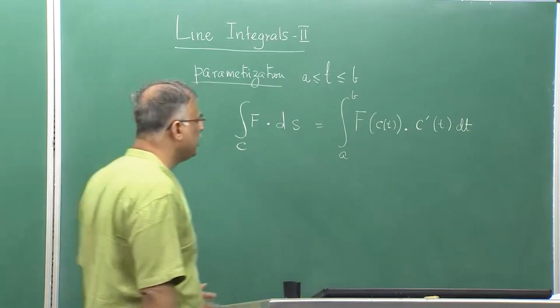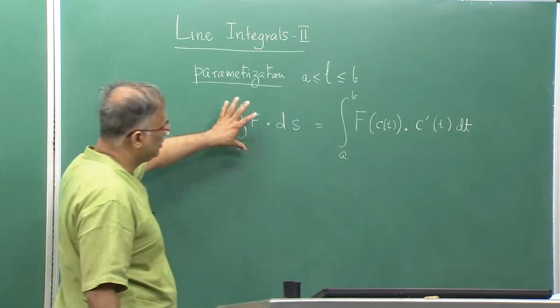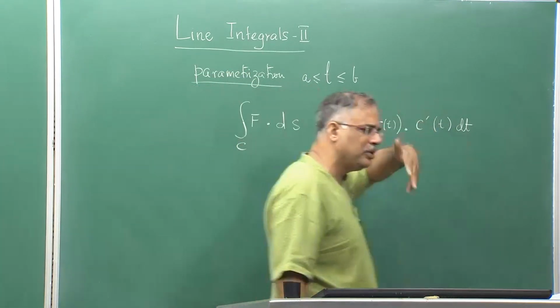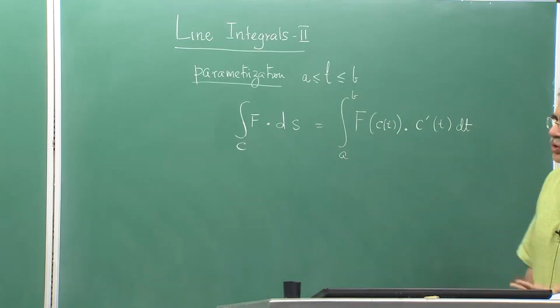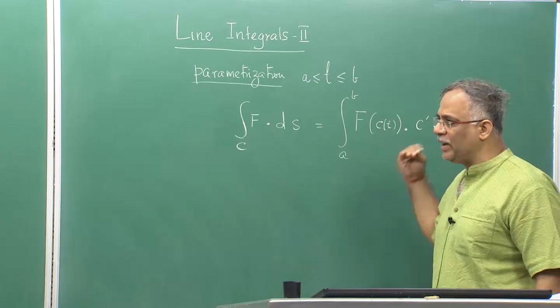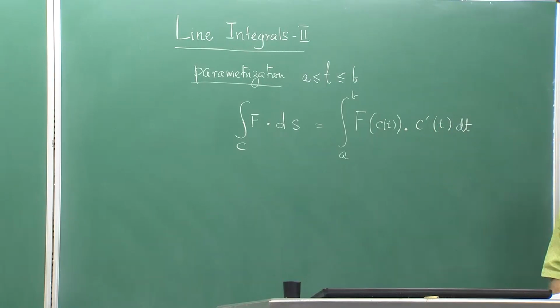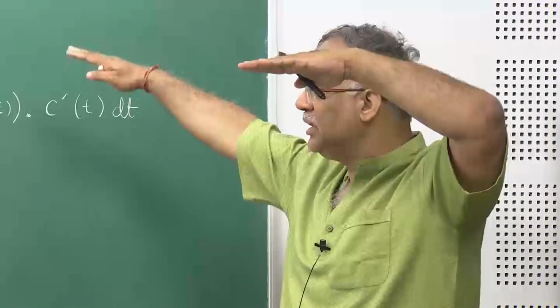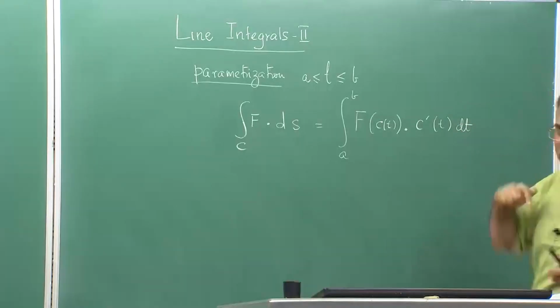So, what I have done is I have converted this so called integration of a vector function into integration of a scalar function involving t. That is the key idea behind this definition of the line integral. Parametrization helps me to convert from a vector valued scenario to a scalar valued scenario involving one variable.